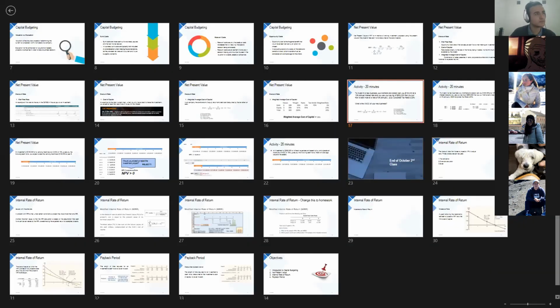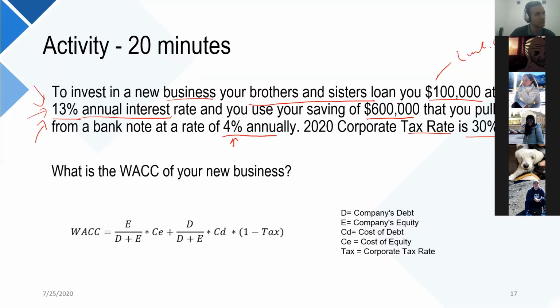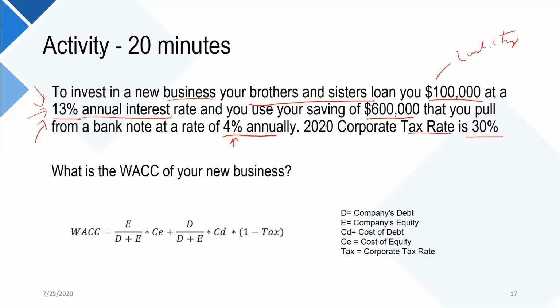Okay, so the first thing we need to do is calculate the weights, all right? So we have a loan of 100,000, and then we have equity of how much? 600,000, all right?